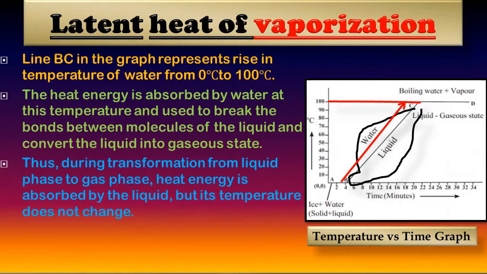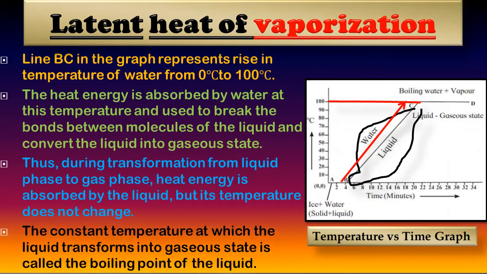During the transformation from liquid phase to gas phase, heat energy is absorbed by the liquid but its temperature does not change. The constant temperature at which the liquid transforms into gaseous state or steam is called the boiling point of the liquid. So the boiling point of water is 100 degrees Celsius.